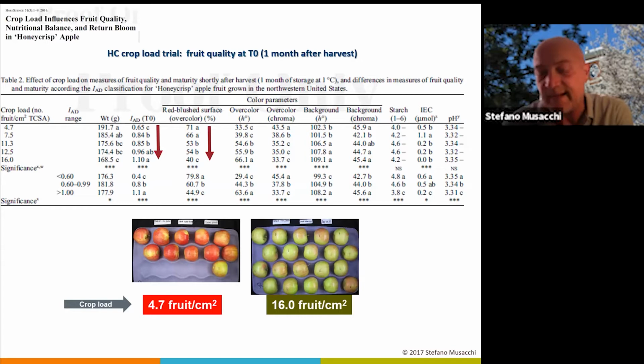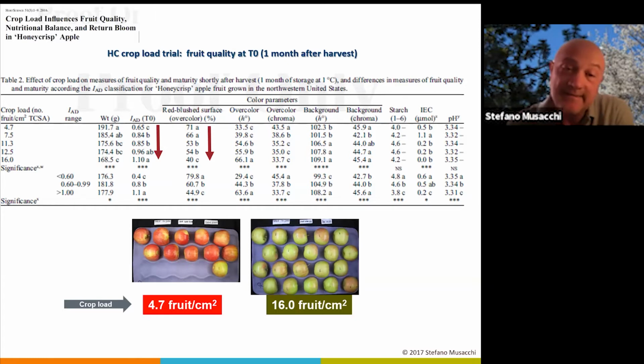I really like the picture that Bruce showed in the orchard when he was mentioning, during the IFTA this winter, that this tree has been thinned to the normal crop load because it got a very high level of fruit from the beginning.